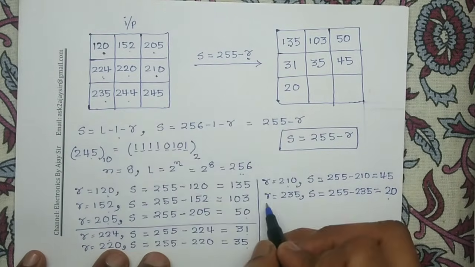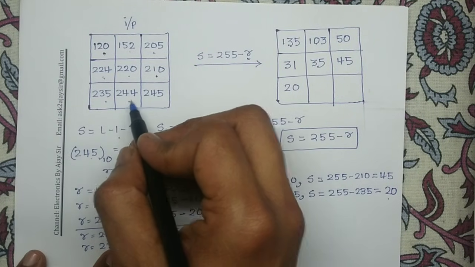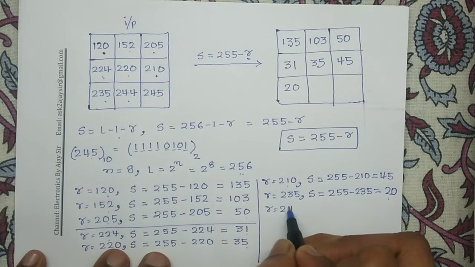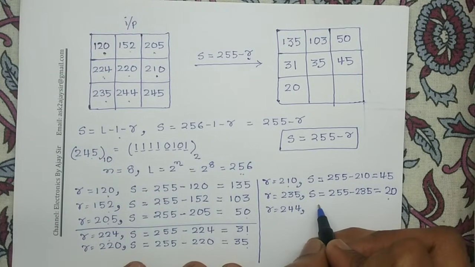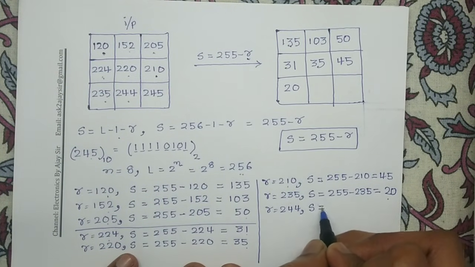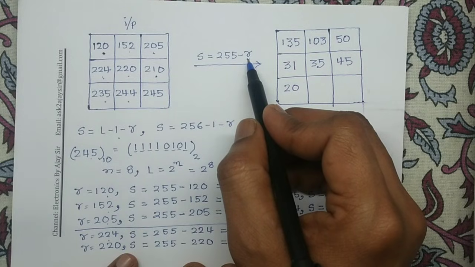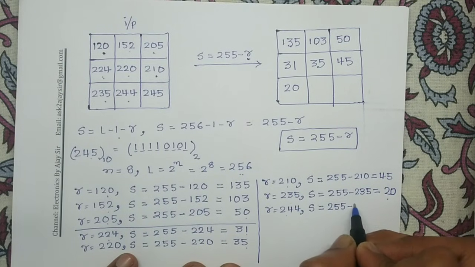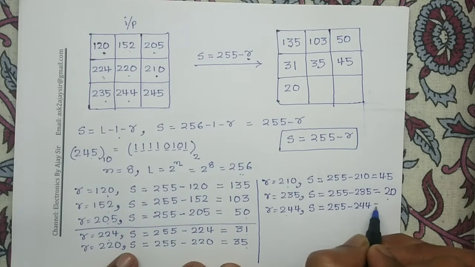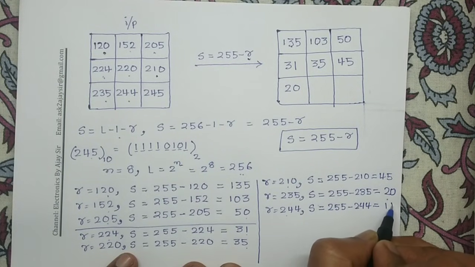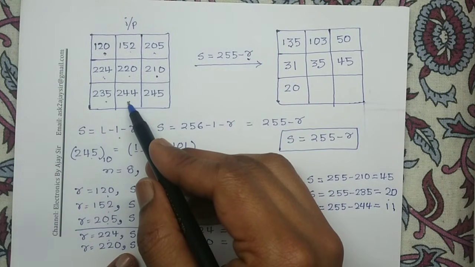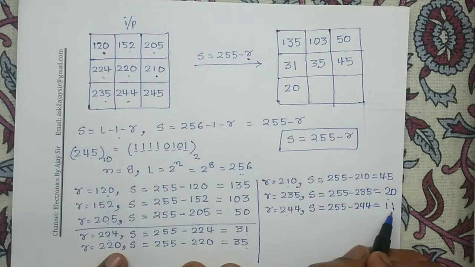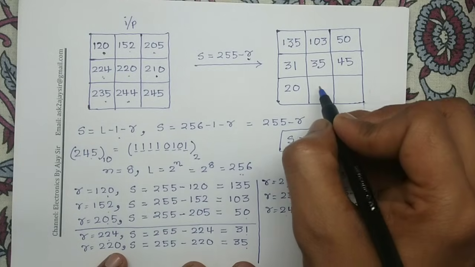Similarly, for this pixel, the input intensity level is 244. So if R is equals to 244, the equation of S becomes 255 minus 244, that is equals to 11. So for this given input pixel intensity level 244, I have determined the output intensity level 11.